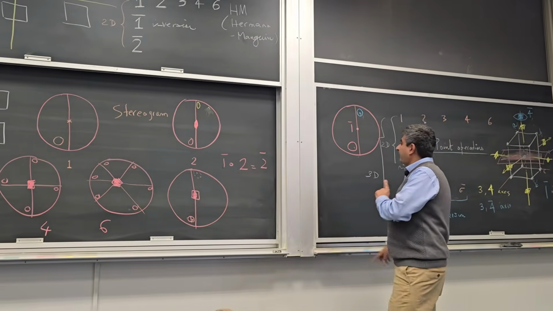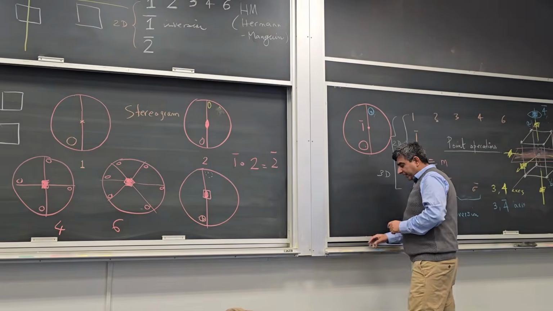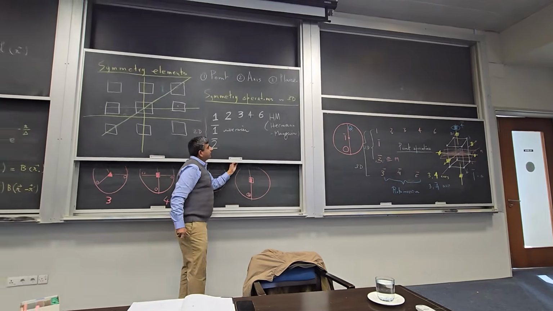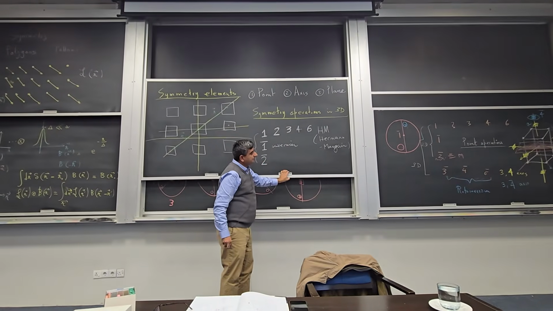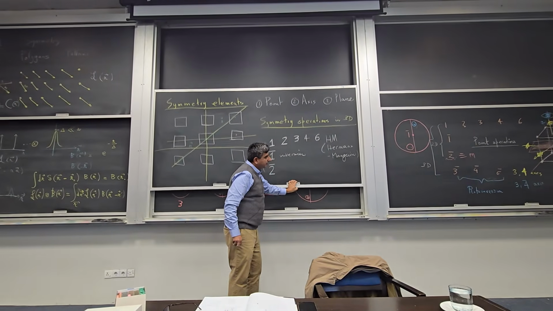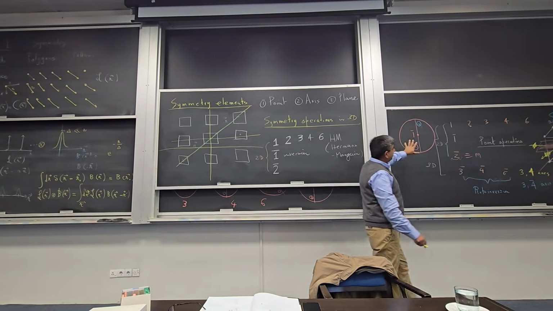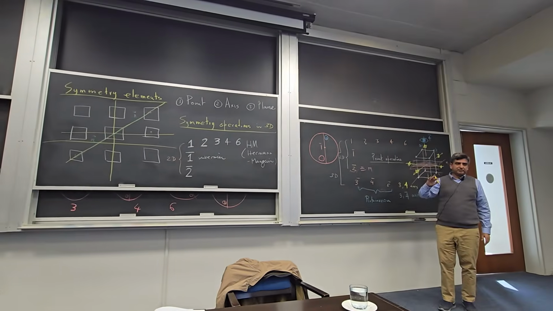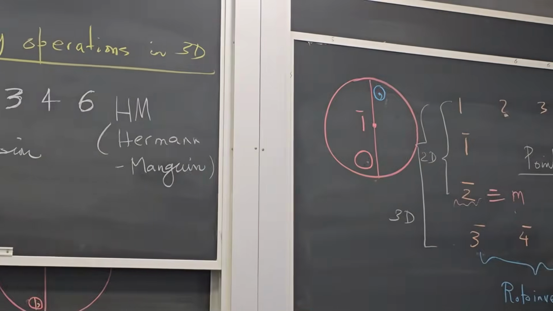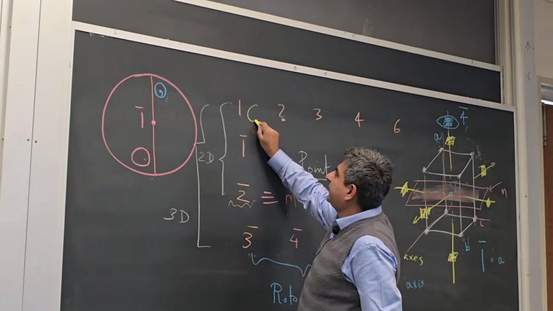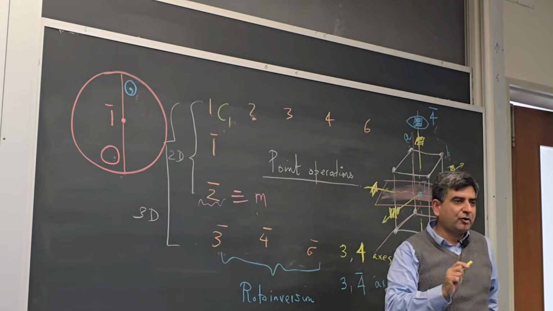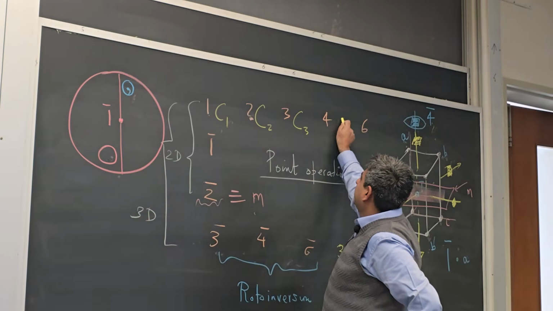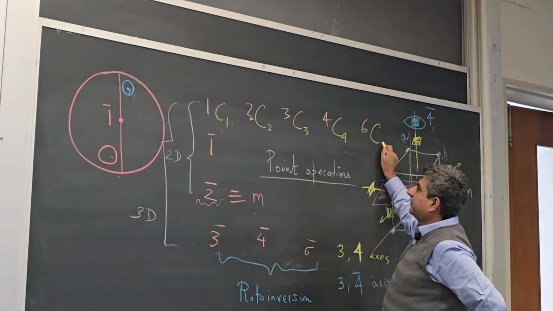By the way, I also kind of promised that I'll tell you a little bit about the alternative nomenclature. So these symbols that I've drawn here correspond to the Hermann-Mauguin notation, the international notation. The old notation would present this one as C1, a cyclic operation of order 1, then order 2, C3, C4, C6.